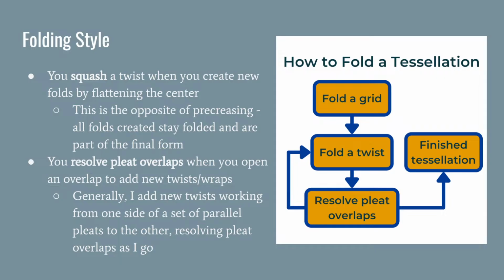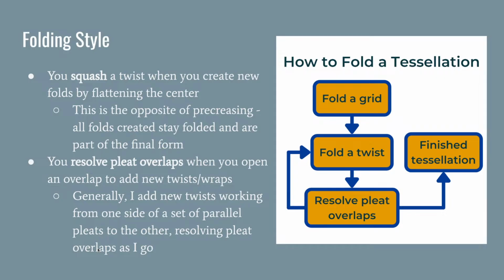You're creating new folds on the fly as you're making the pattern, and they stay folded and stay permanently part of the final form. Resolving pleat overlaps is kind of a vague catch-all for opening up a pleat overlap or several to add in new twists or wraps.